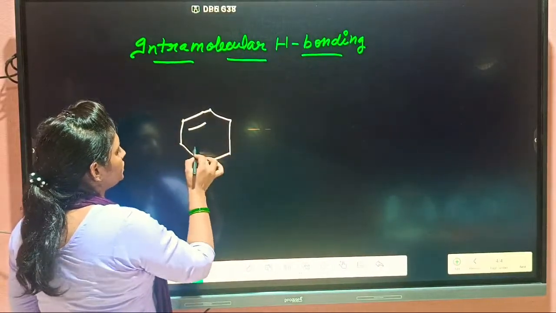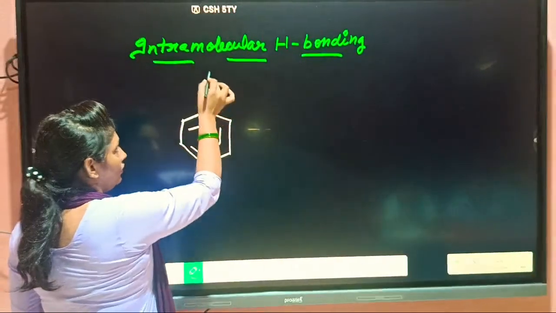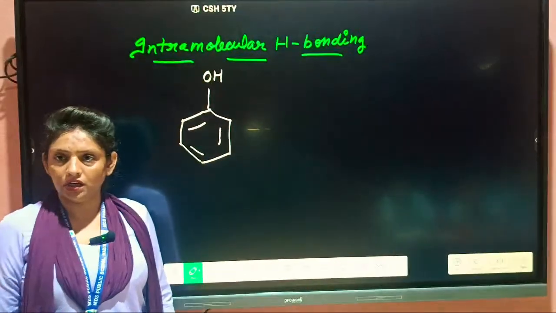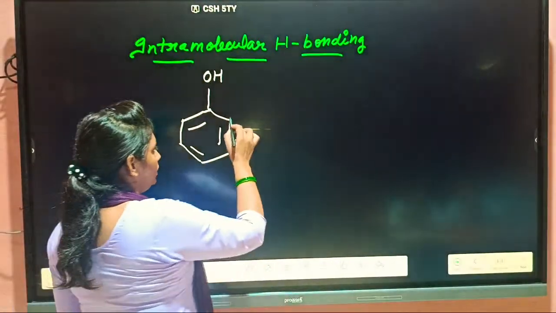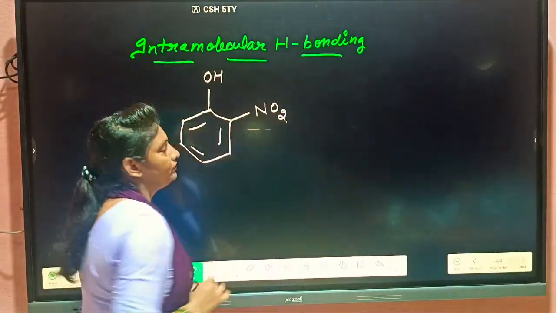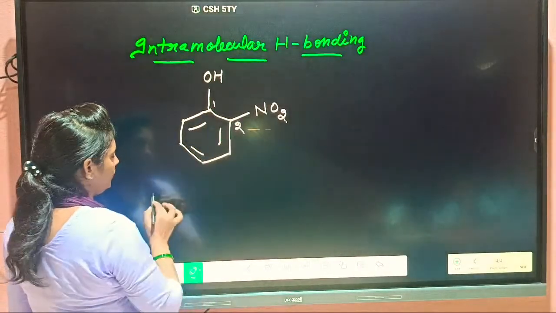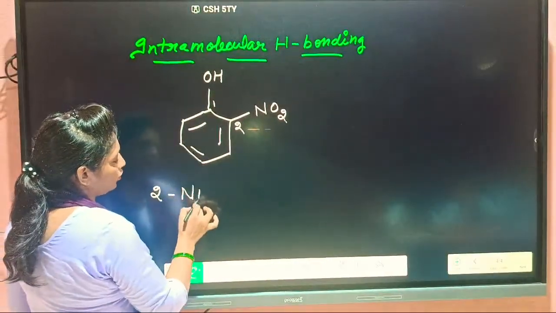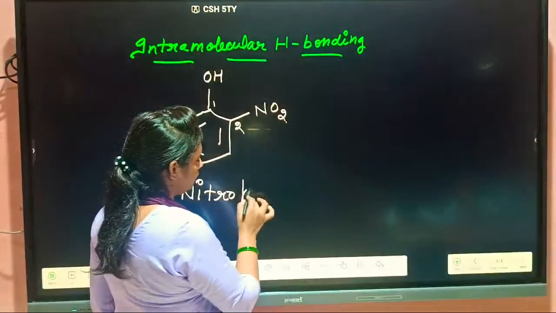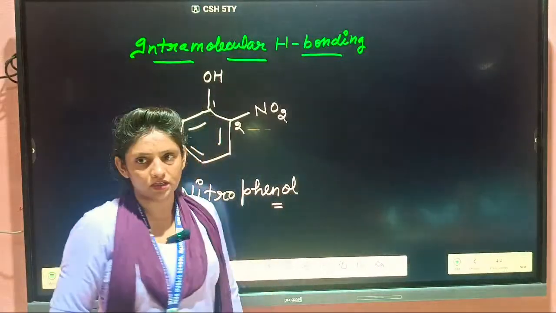If two groups are present there, like one is alcoholic and one is nitro group, this one, 2-nitrophenol. At 2 position the nitro group is here, 2-nitrophenol.